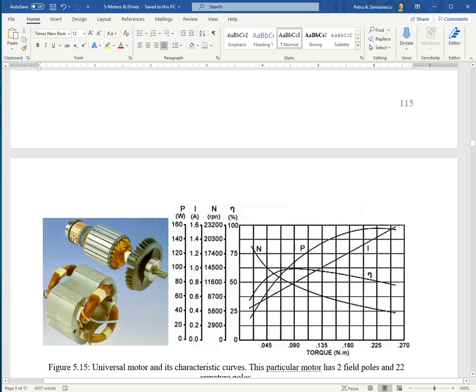They have commutators that can produce sparks. You cannot use this type of motor in explosive environments, like coal mines, where you can have an explosion due to the presence of methane, which seeps out of coal layers.